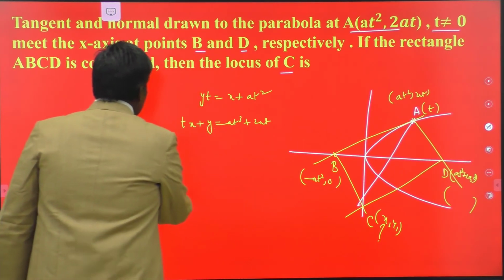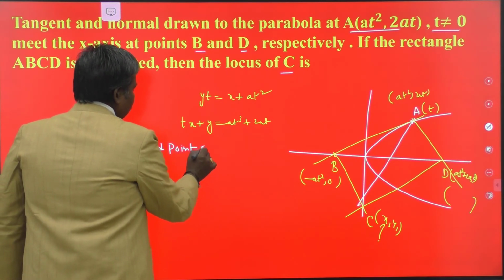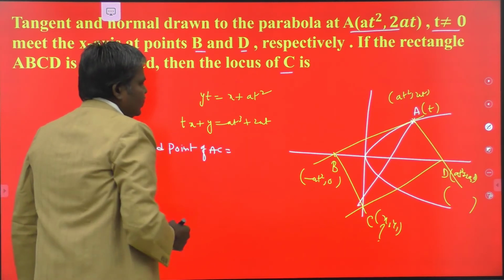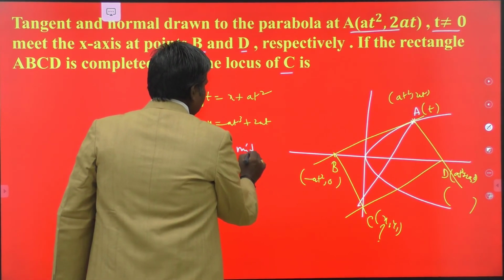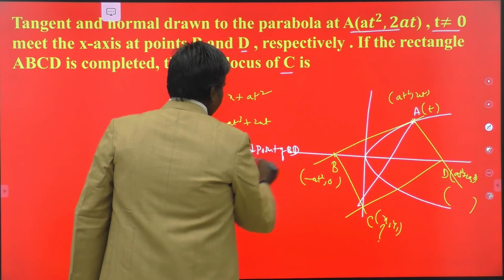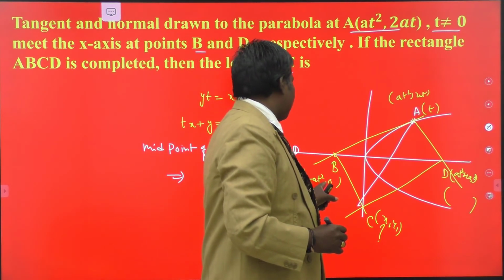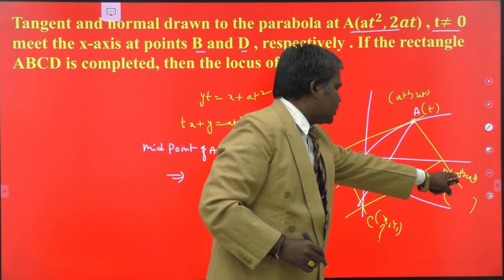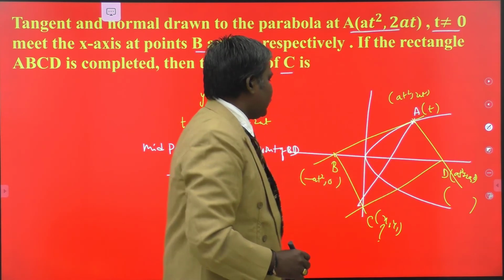Midpoint of AC is equal to midpoint of BD. What do we obtain? What is the x coordinate of the midpoint? Minus at² plus at² gets cancelled, plus 2a. So the sum is 2a, by 2 gives a.